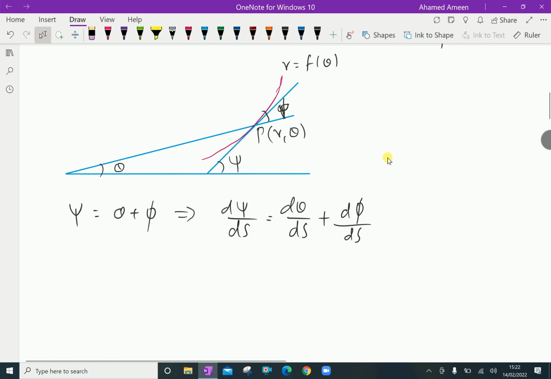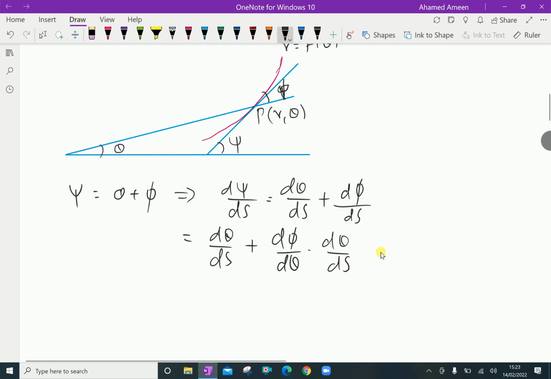Now further we can write d theta by ds plus d phi by ds as d phi by d theta into d theta by ds. That means d psi by ds is written as d psi by d theta into d theta by ds.